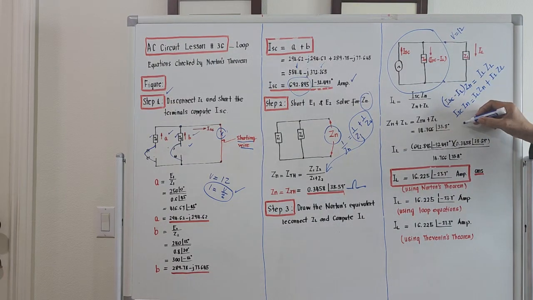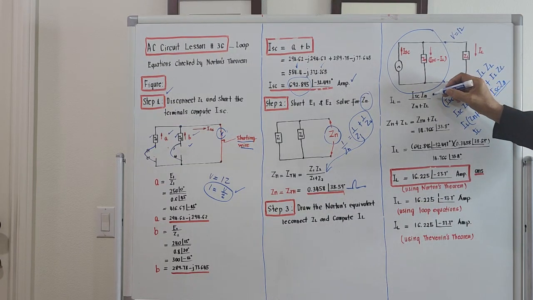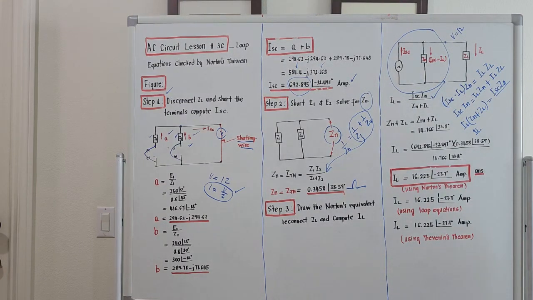Then we factor out I sub L. It should be Z sub N plus Z sub L. And the left hand side, we put it on the right now. It should be the short circuit current times Z sub N. So I sub L now will be the product I short circuit times Z sub N all over the sum Z sub N plus Z sub L. This is now just a matter of substitution.